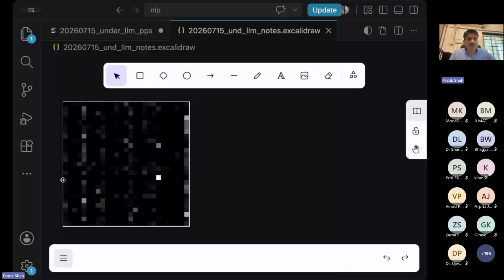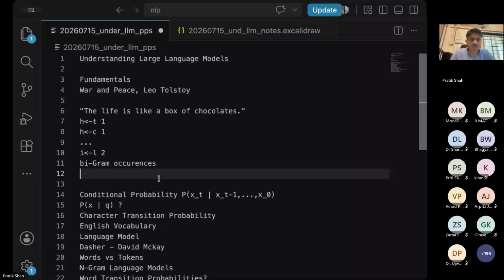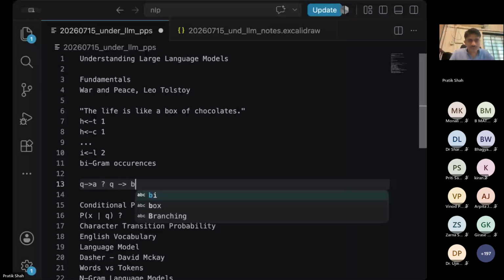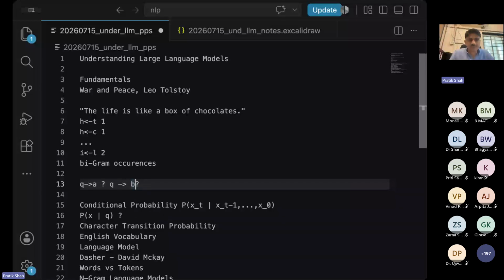Have you ever seen a word which starts from Q and after Q there is A? Have you seen this type of word in your entire life? Q followed by B? No, not possible. What I have seen is Q followed by U. This is something which I have always seen.